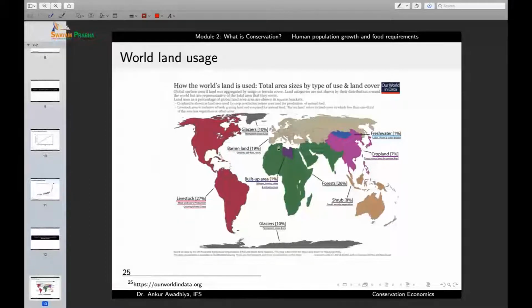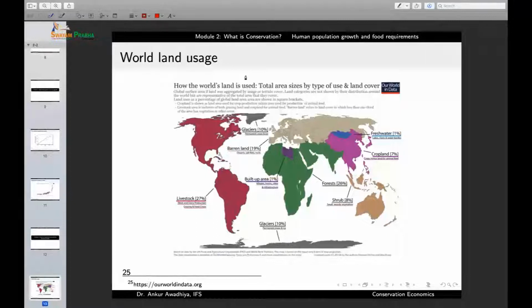Barren land is 19%, glaciers are 10%, all the built up area, including villages, towns, and cities, is just 1%. So, all the built up area, including all the infrastructure, is just 1%. And 8% of the land is under shrubs, and total amount of glaciers is just 10%.